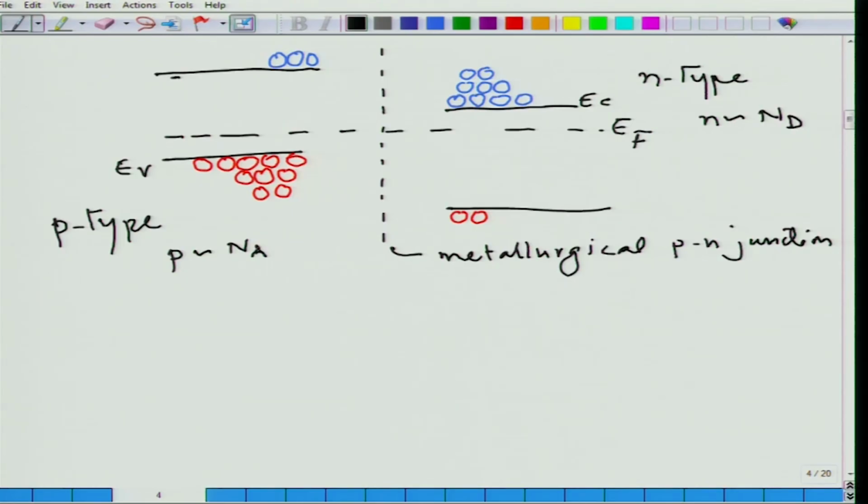Now, if we apply the mass law, then p can also be written as Ni squared divided by Nd. What is Ni? Ni, if you recall, is the intrinsic carrier concentration in the given semiconductor.